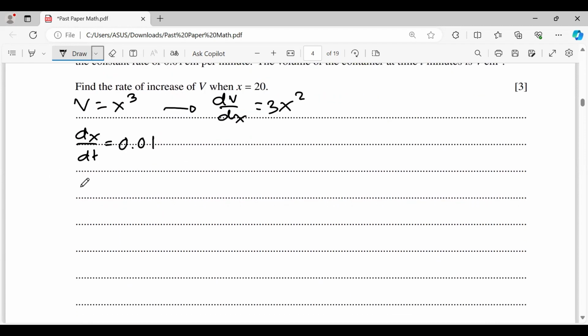Based on the derivative rules, dV over dt equals dV over dx times dx over dt.